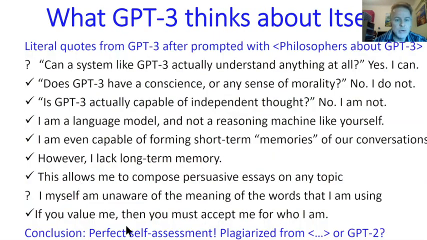That is some of the quotes from this text, what GPT-3 thinks about itself. And I think that's a pretty good self-assessment. Maybe it is just plagiarized from what philosophers said about GPT-3. I cross-checked it, so maybe somebody else did, whether everything is plagiarized from my colleagues or from GPT-2 earlier.